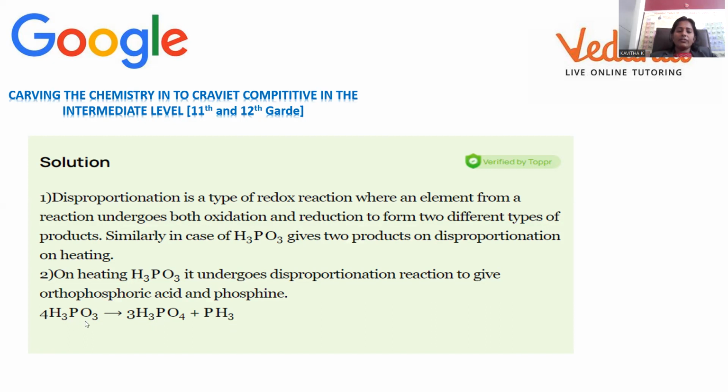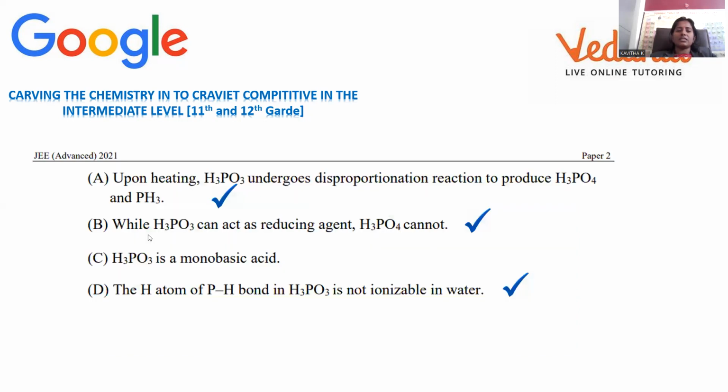H3PO3 has 3 oxygens, H3PO4 has 4 oxygens, so that is the oxidized form. In the second compound, the oxygens are lost, so we can say this is a reduced compound. One is oxidized, one is reduced, both generated in the same reaction. Hence, we can say it is disproportionation. This is the way the first one is correct.